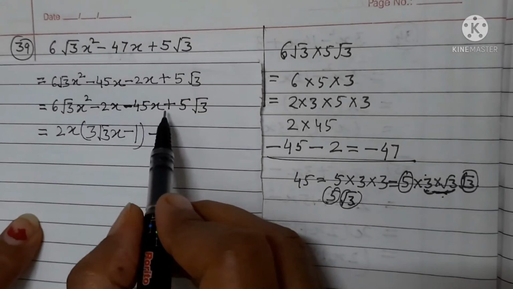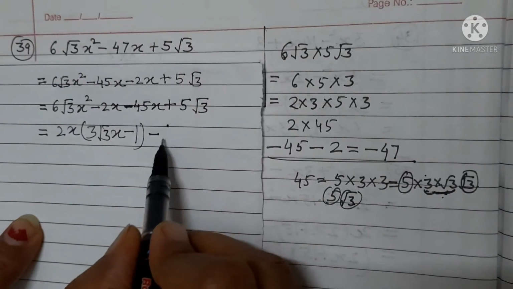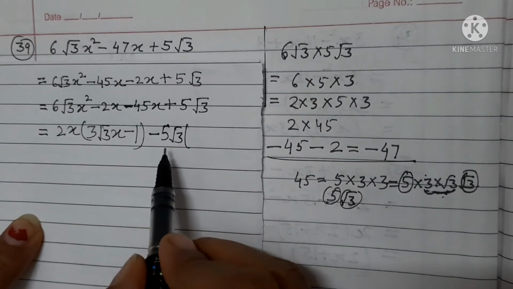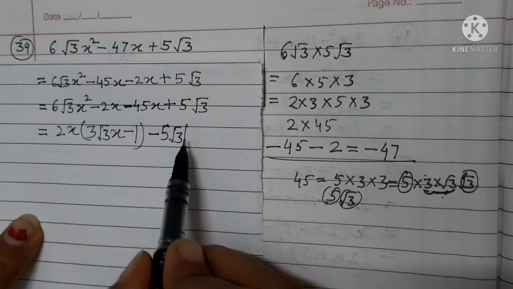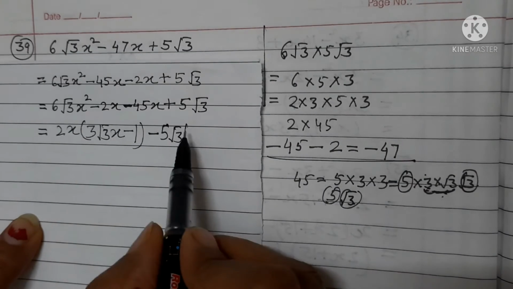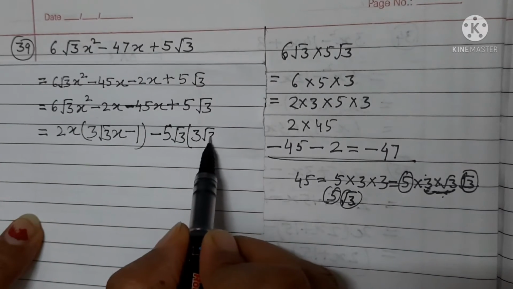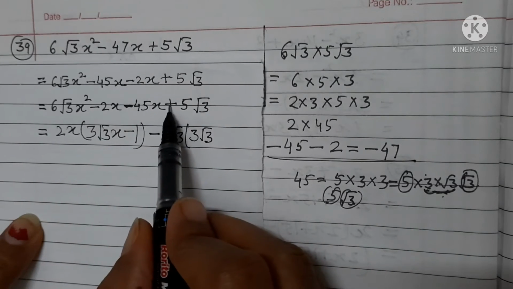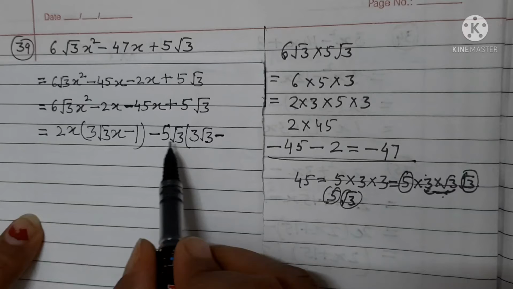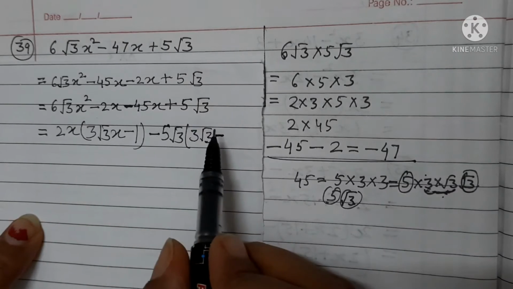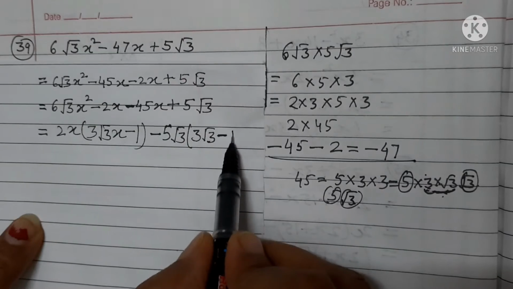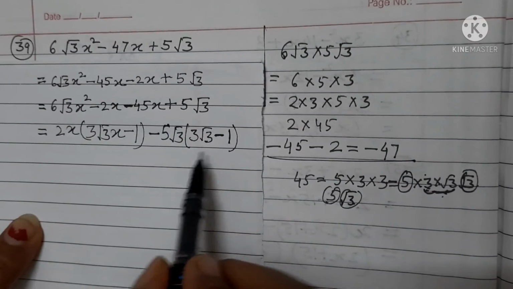So here in the bracket, when you take out 5 root 3 common, what remains in the bracket? 3 root 3, and taking minus common, so this is plus, so here you can write minus, so that minus minus is plus, and this 5 root 3 taking common, so only 1 remains here.